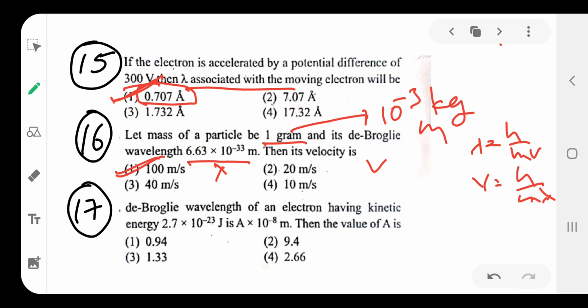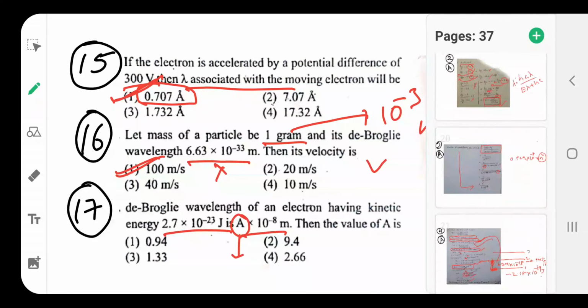The next one is the de Broglie wavelength of an electron having a given kinetic energy. The A value means your wavelength is something into 10 power minus 8 meter. What is that something, x value? You have to find the wavelength by using the kinetic energy.